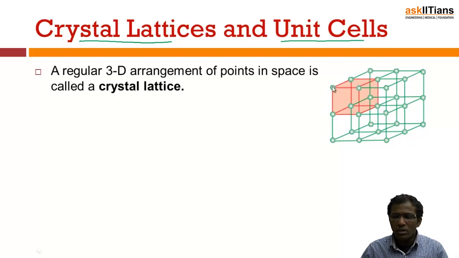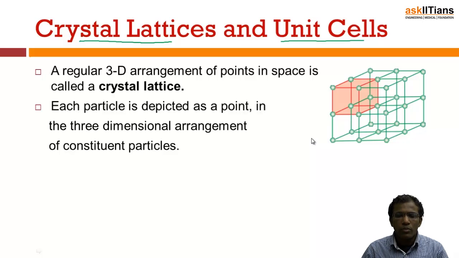The points shown here, these small spheres, are arranged in a 3-dimensional fashion in space. As a whole we call it a crystal lattice. So a crystal lattice is simply a regular 3D arrangement of points in space.